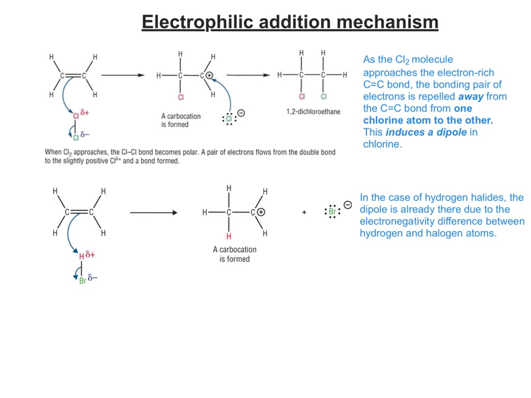So as the chlorine molecule approaches the electron-rich carbon-carbon double bond, what happens is the bonding pair of electrons is repelled away, as in this direction, so that makes one of the chlorines delta plus and the other chlorine delta minus. So what happens is a dipole is induced, so you have to draw in the dipoles quite clearly when you're doing this.